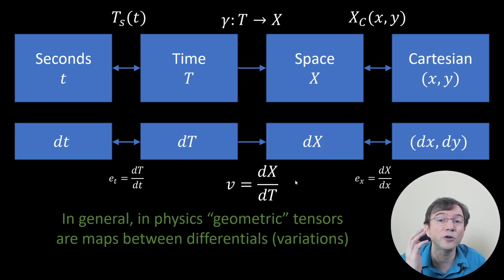In fact, when we're doing physics, any geometric tensor that you can think of can be understood as maps, as something that takes a differential on one side, maybe more than one, in different directions that have different physical meaning, and then gives you a differential on the other side. These are the things that we want to describe. If we want to have a good map between physics and math, if we want to do physical mathematics so that we have mathematics that is physically meaningful, this is what we'd like to have.